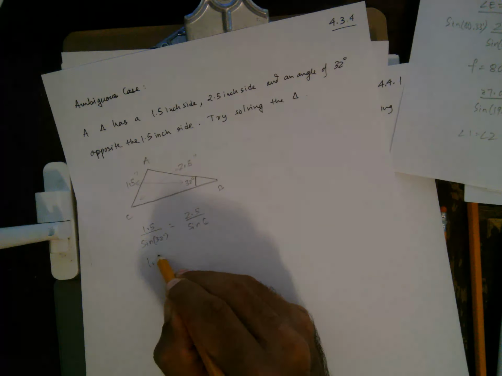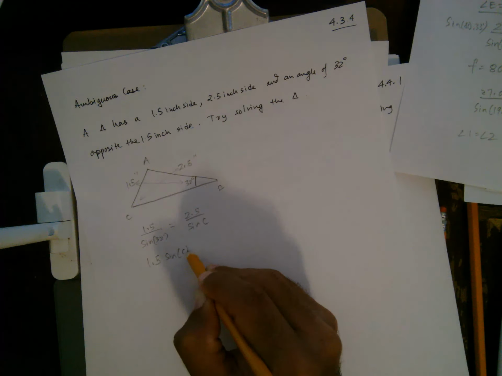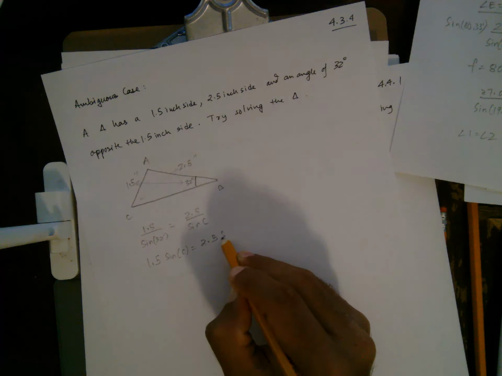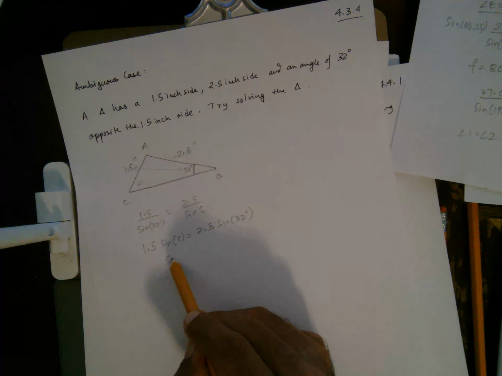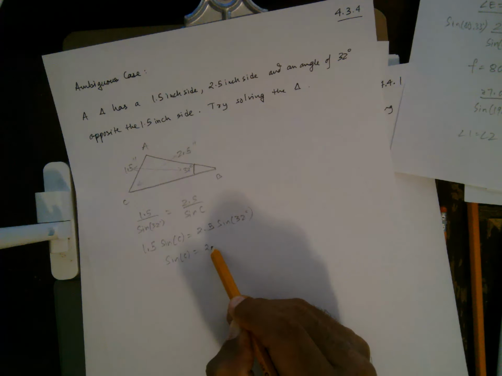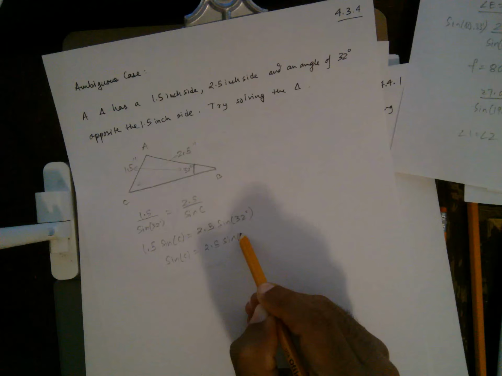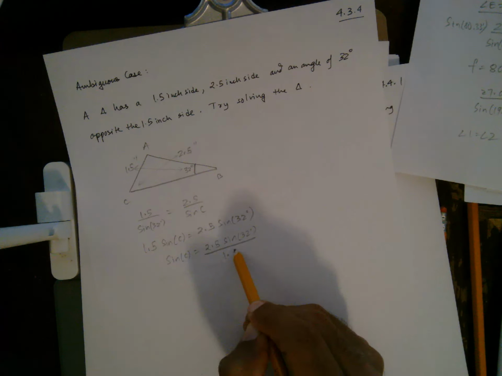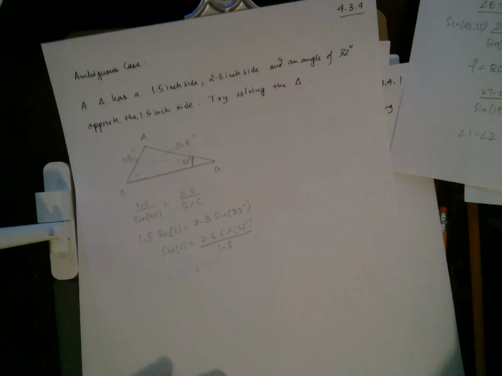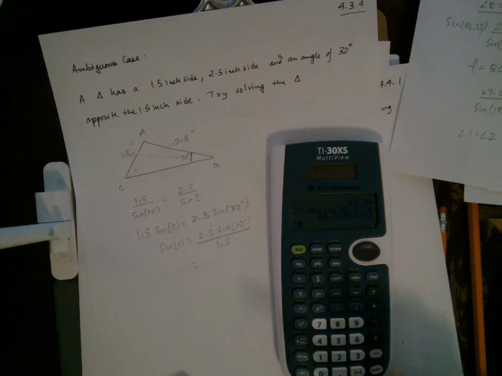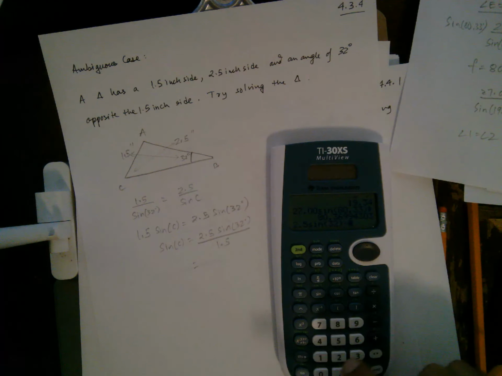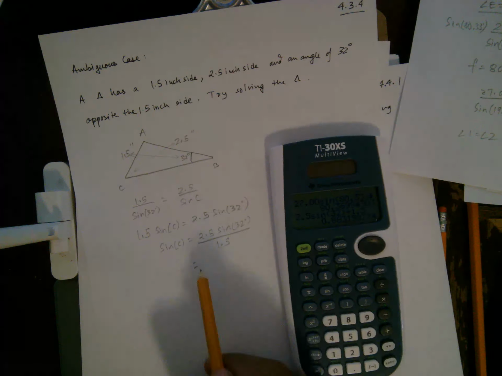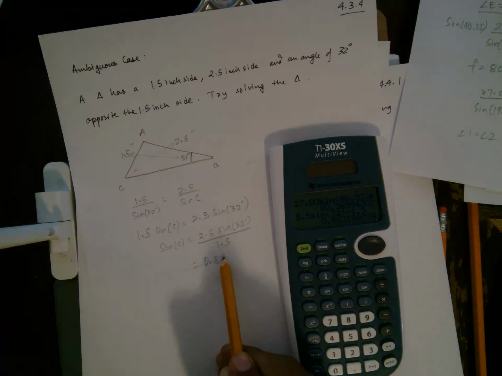Cross multiply: 1.5 sine C equals 2.5 sine 32. Sine C equals 2.5 sine 32 divided by 1.5. Now what does that come out to? This gives me 0.8832.